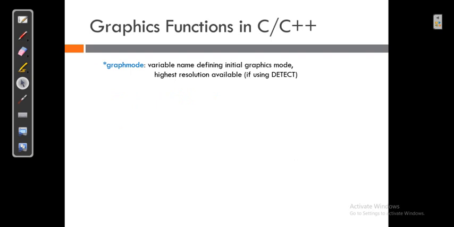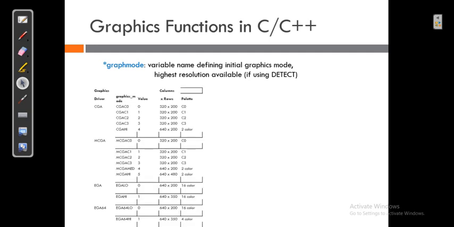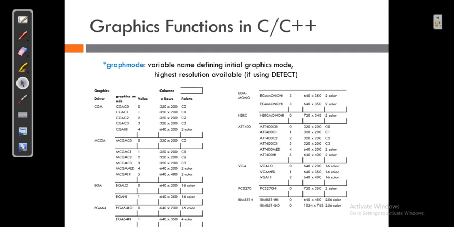Then we have the graphics mode. As I have told you, graphics mode talks about the resolution. This also you need not tell to your system. If you are using the DETECT keyword, it will also be automatically detected. However, there are some resolutions that you can see, starting from the very basic 320 by 200.